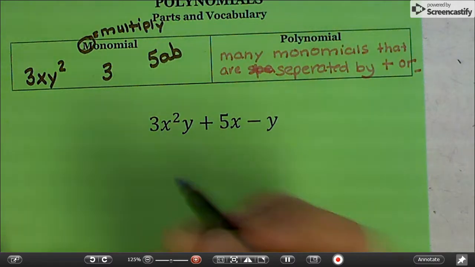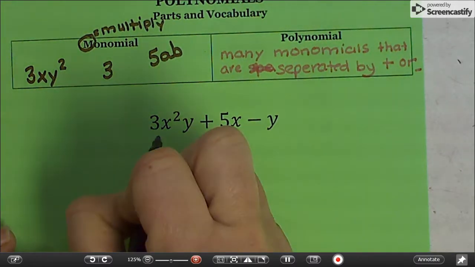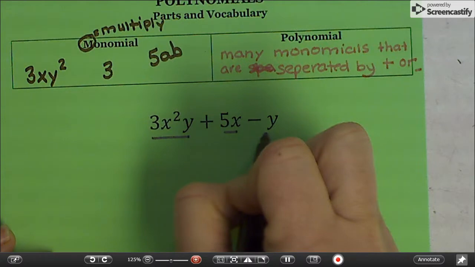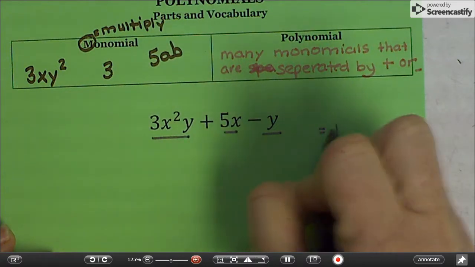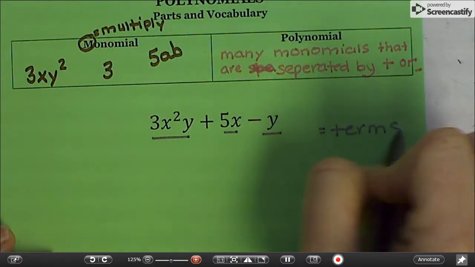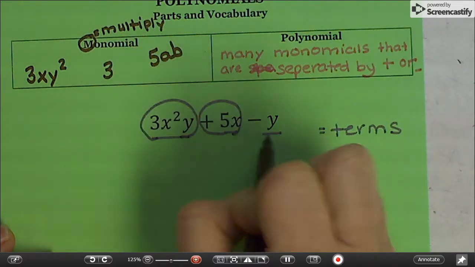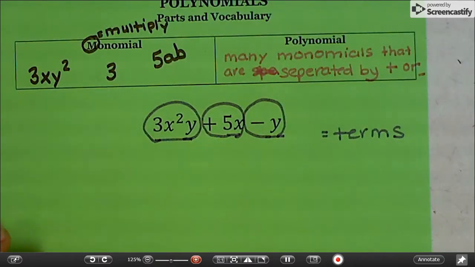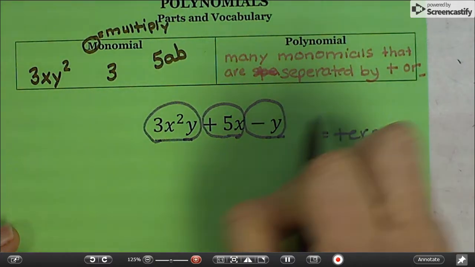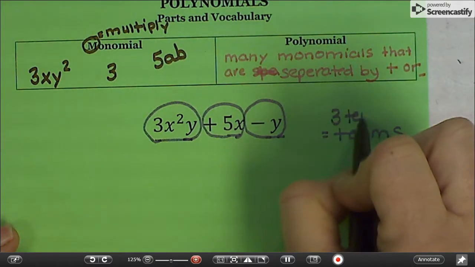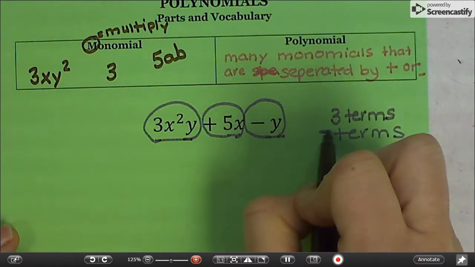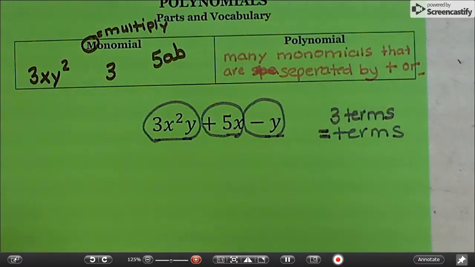All right, when you're looking at a polynomial, each of the pieces are called terms. So this one has 3 terms. 1, 2, 3 terms. So terms are monomials that are separate, and then together, addition and subtraction makes a polynomial.